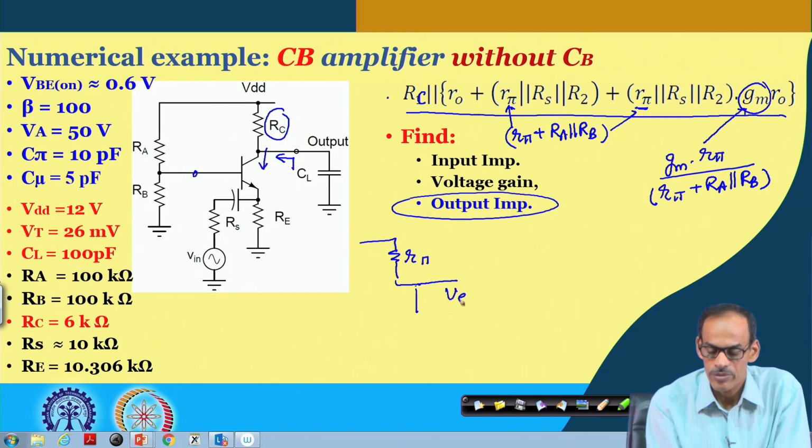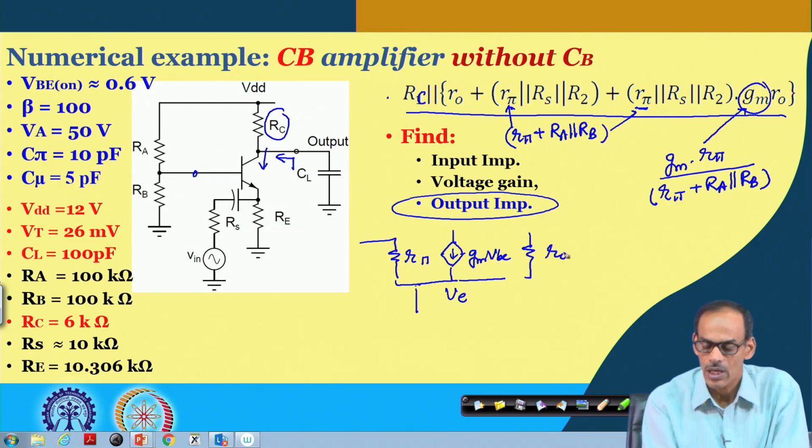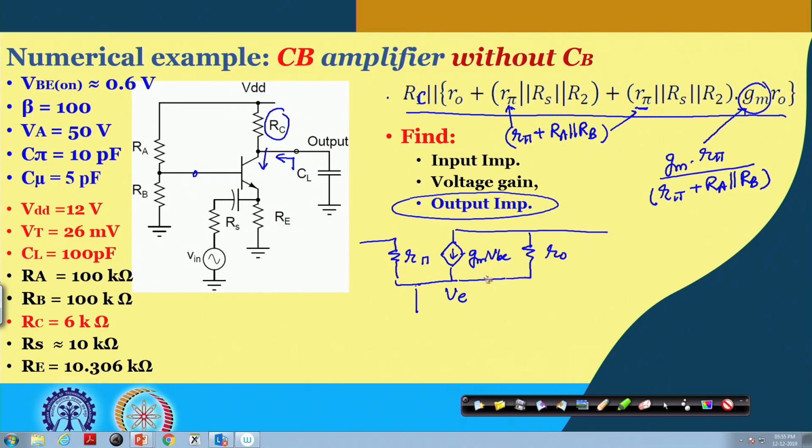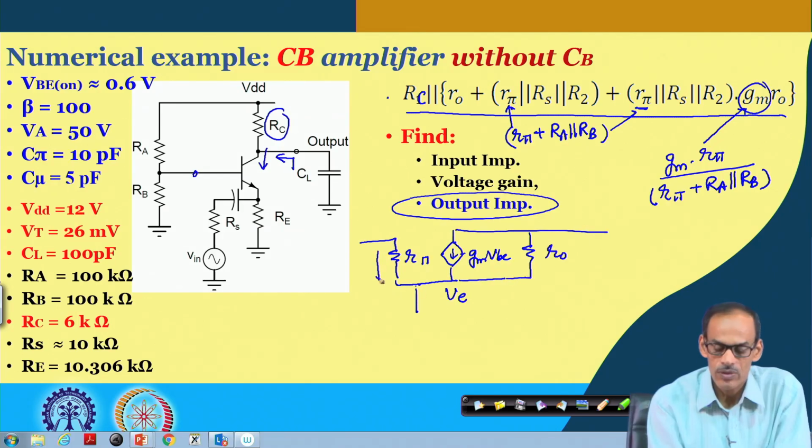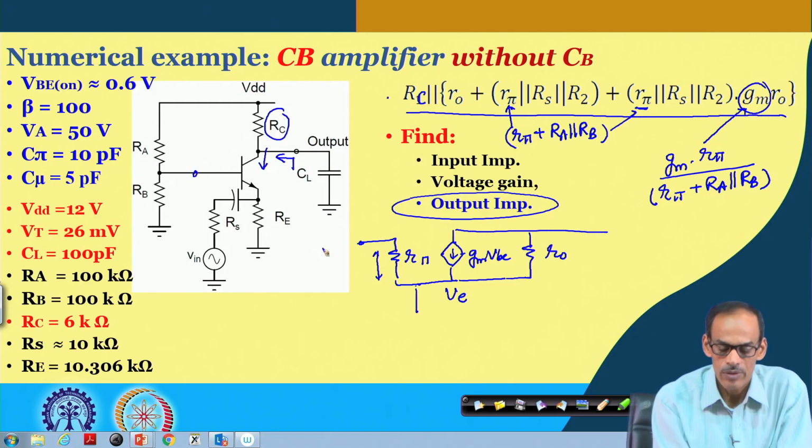So, we do have the emitter voltage, and then the Gm into Vb, and this is R naught. The Vbe is the voltage across this R pi, and now in the absence of Cb we do have Ra and Rb coming in parallel.